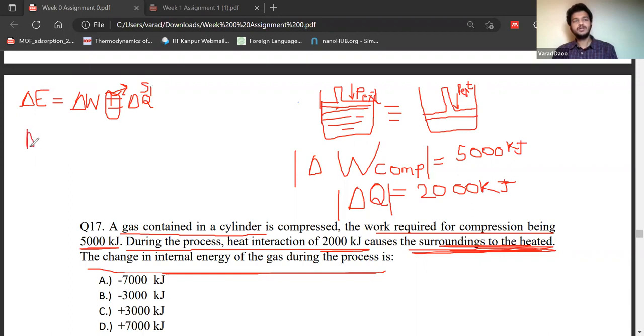We can have delta E is equal to delta W plus delta Q, or delta E is equal to delta W minus delta Q. So it all depends on what sign conventions we are using on W and Q.